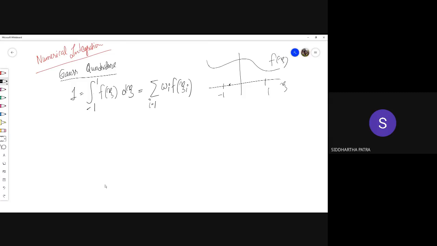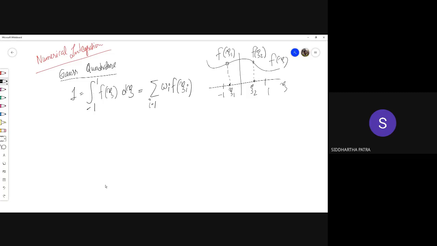Can you take multiple locations and evaluate the function at those locations? So this one is xi1, say, this one is xi2, and this one is f at xi1, and this one is f at xi2.